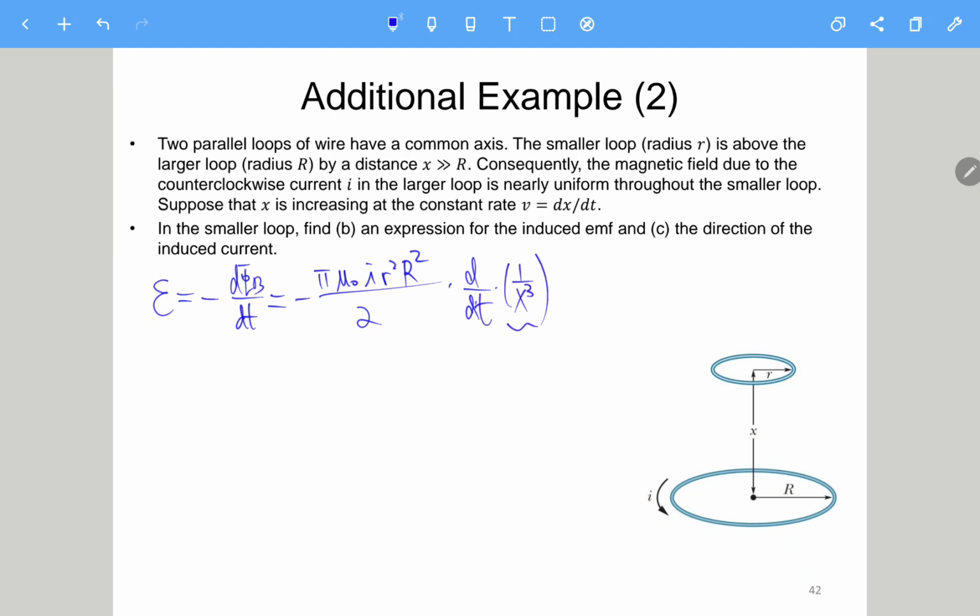Okay, this one is a function of time, because in the question it tells you that v equals dx/dt. So for different times x is different. x is actually increasing with a constant speed v. So we can calculate this using the chain rule.